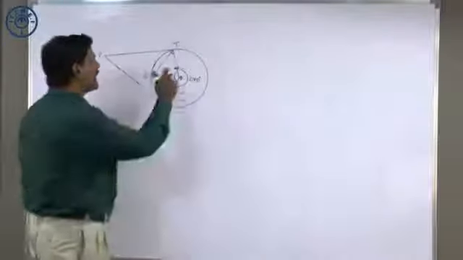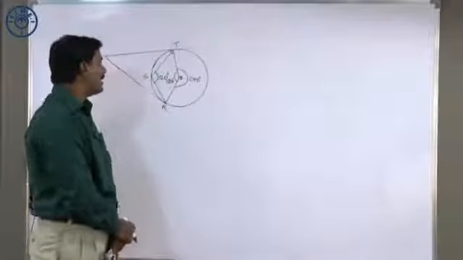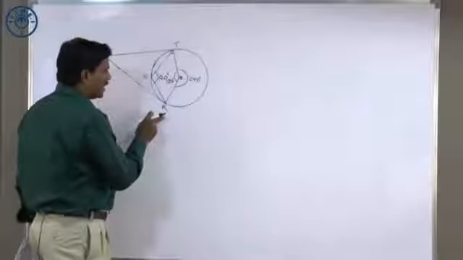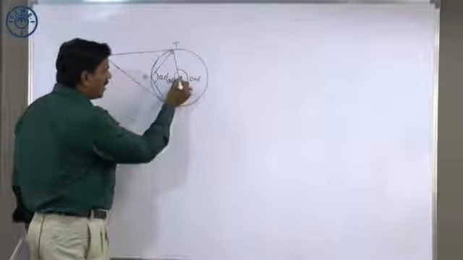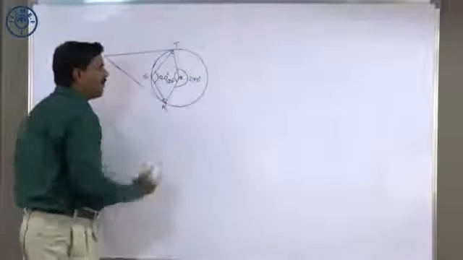So angle OTP should be equal to 90 degrees. In the same way OR is radius, PR is the tangent of the circle. So angle made by OR with PR at point of contact also should be 90 degrees.